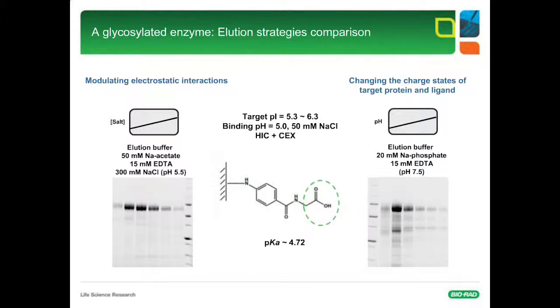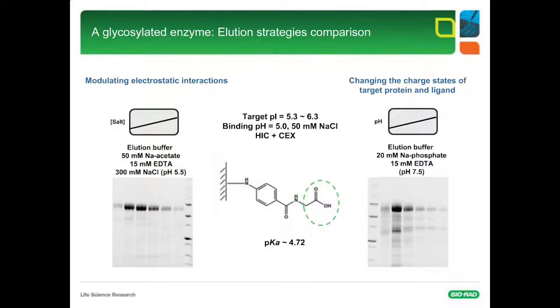Now I also show you the structure again of the ligand, the pKa at around pH 7 at 4.7. So at pH 5, the ligand likely carries, half of the ligand has negative charge, and the other half of the ligand is non-charged. So we think in this case the binding is through hydrophobic interaction as well as cation exchange.